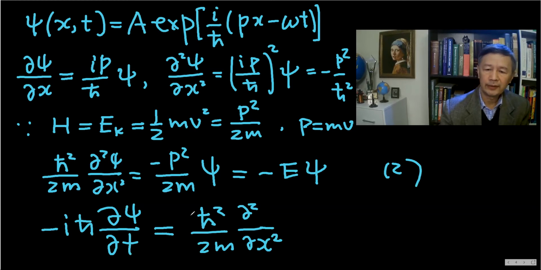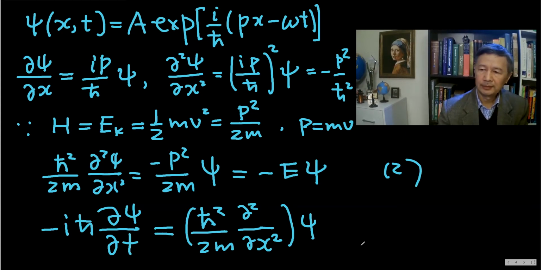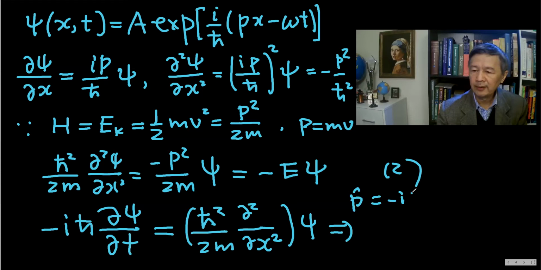and that is an operator acting on the wave function. Just recall the notation of the momentum we discussed before, because momentum in quantum mechanics can be written as negative i h bar first derivative with respect to x.